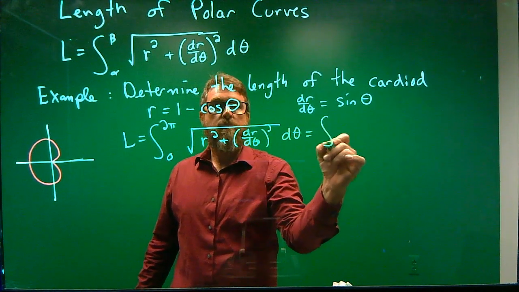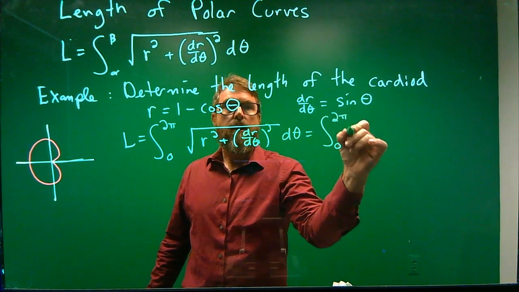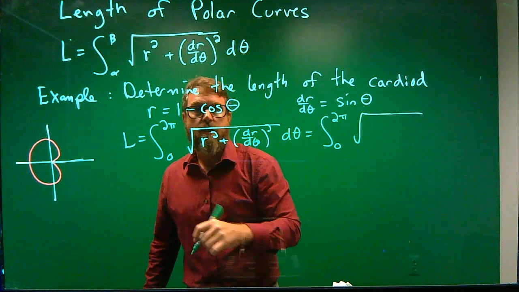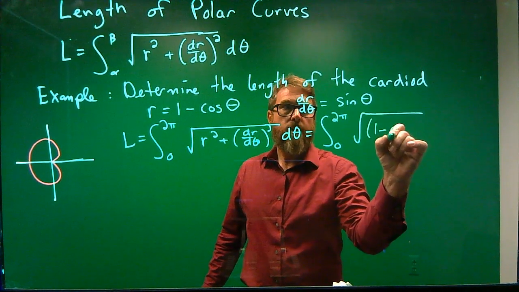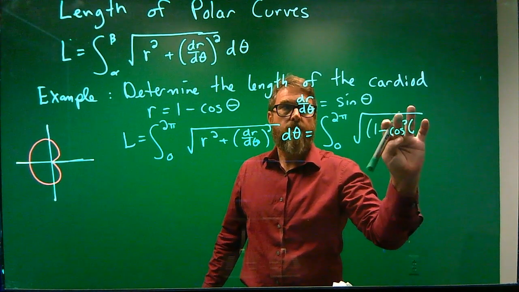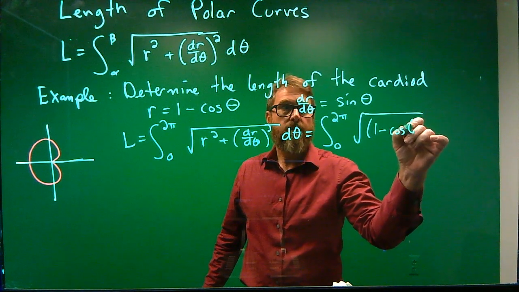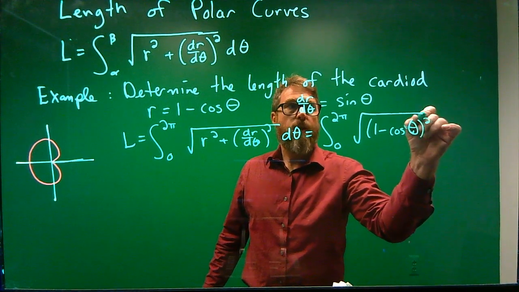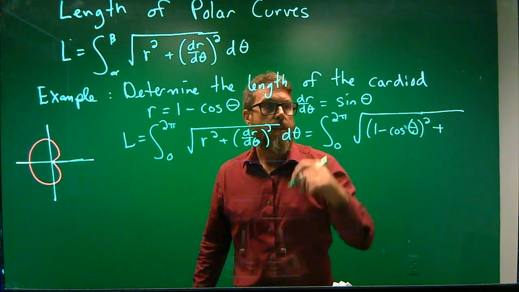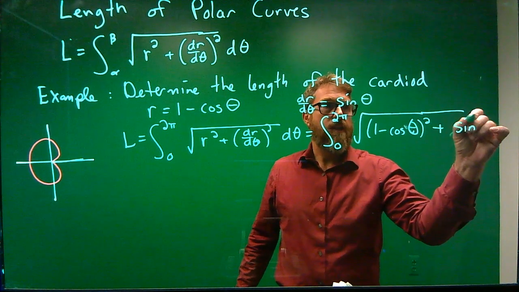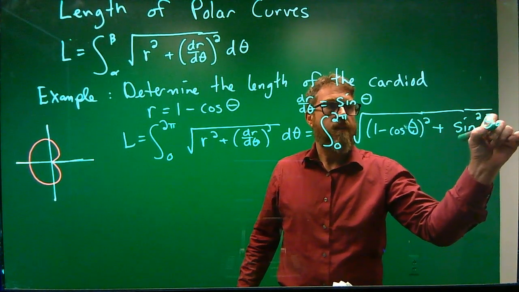So this is going to be the integral from 0 to 2 pi of the square root of r squared plus dr d theta squared, d theta. So this thing squared, 1 minus the cosine of theta, squared, plus this thing squared, which is the sine squared of theta, d theta.